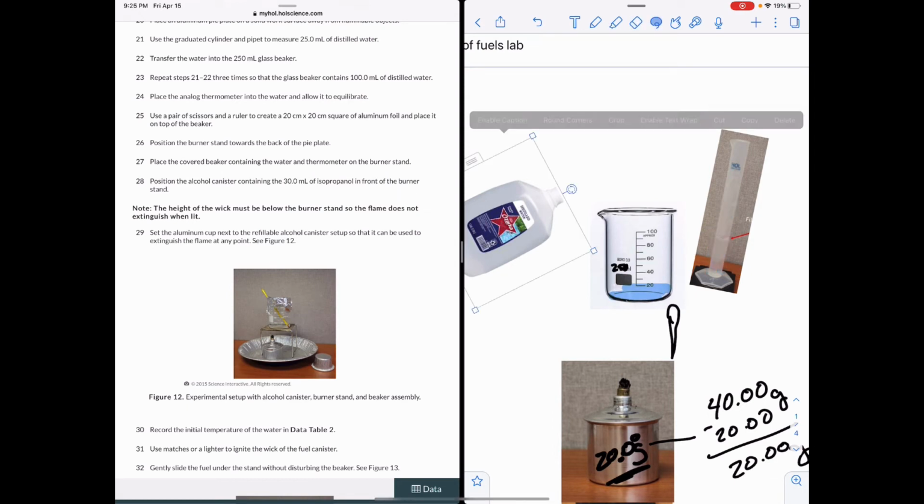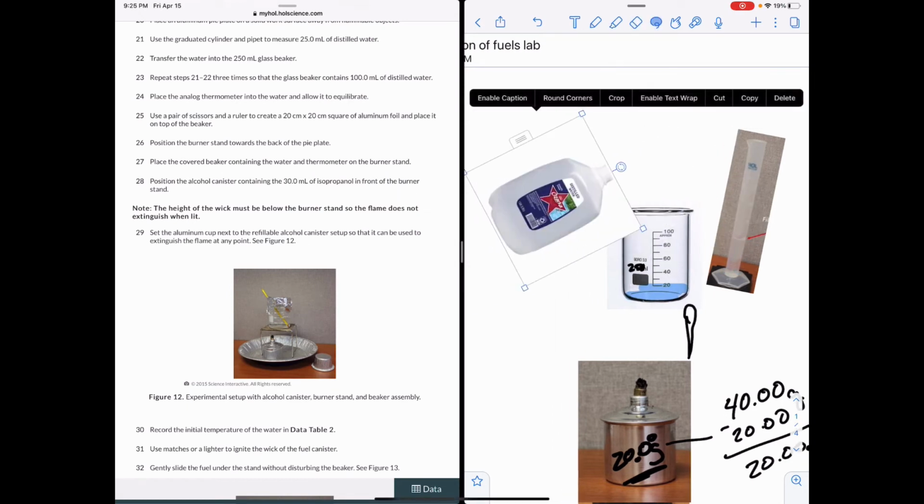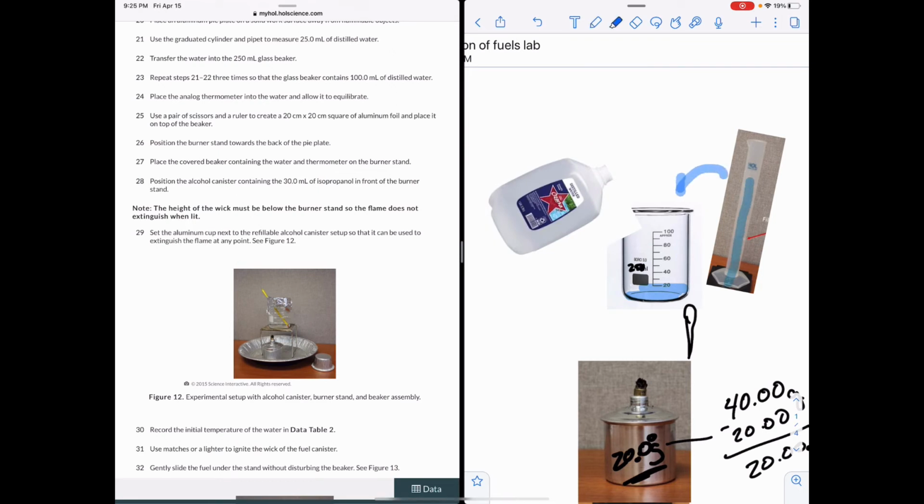You getting the sense here? Fill that up. You get it filled up to the top, and then you're going to get it in there. And you're going to do that a total of 4 times until you're up to 100 mils. So hopefully you're good to go on that part.